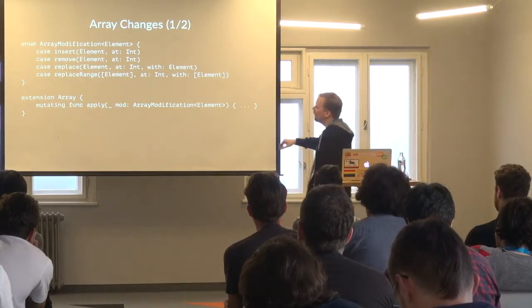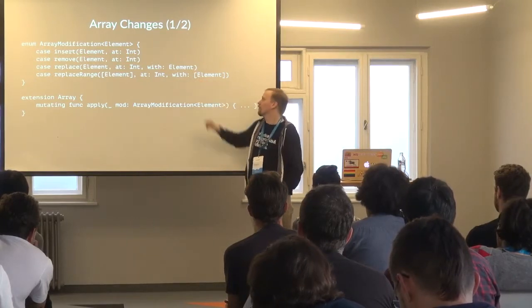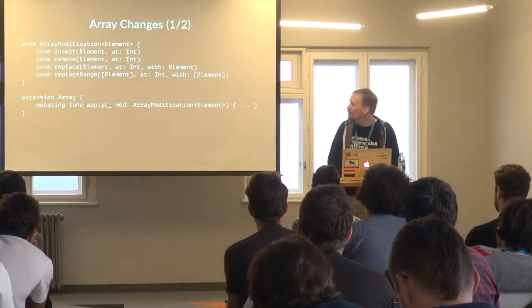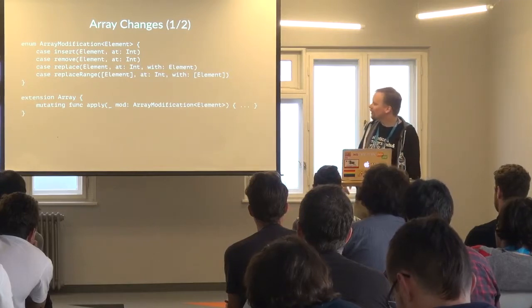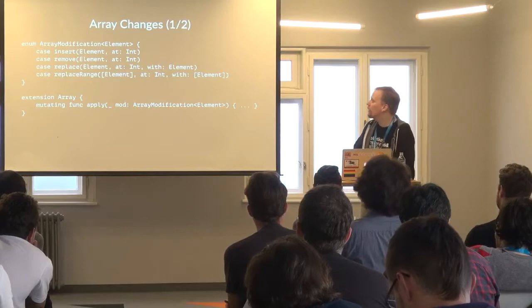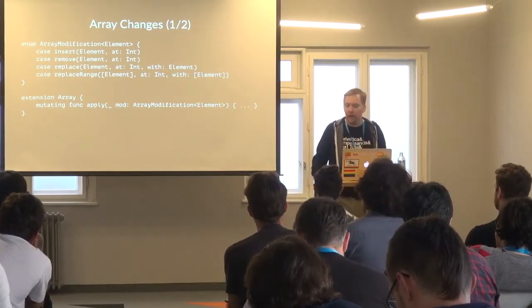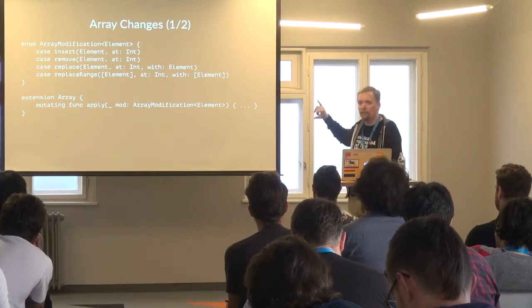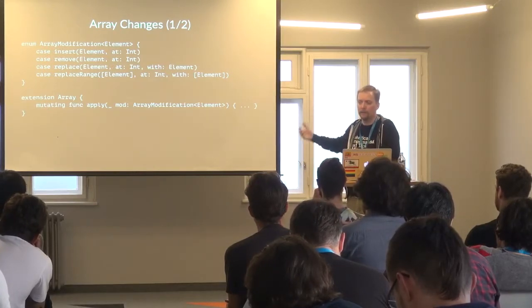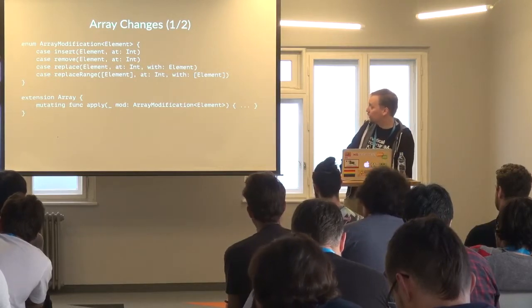Also, this is an array, so it involves an allocation. This doesn't, so maybe it optimizes a couple of nanoseconds out of the thing. Well, okay, if you have an array modification, obviously you can apply it to an array to get the new one. But a single modification like this isn't enough to generally describe the difference between two versions of the same array.